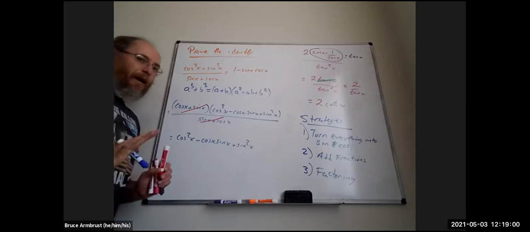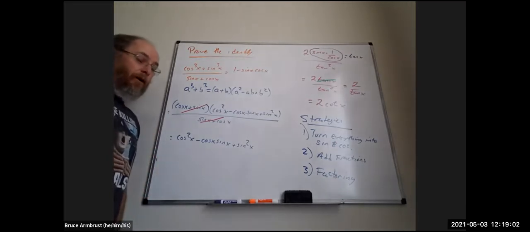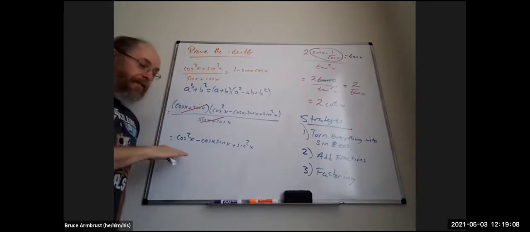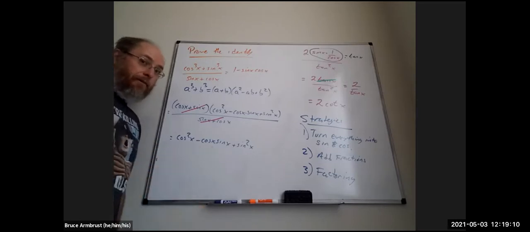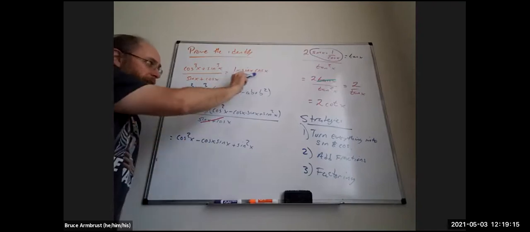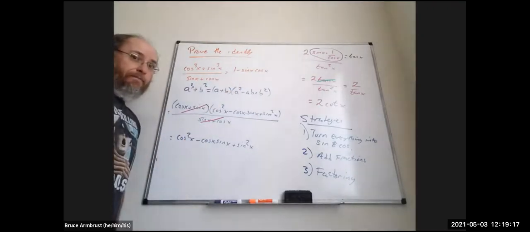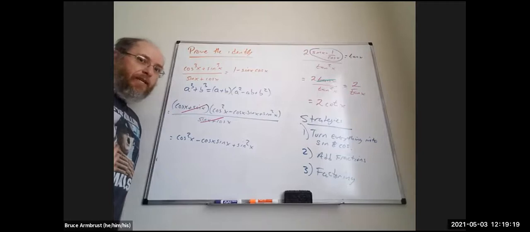So again, let's kind of pause. Let's take stock of where we are. So we started with this big ugly looking thing. And if nothing else, at least we don't have a fraction anymore, which is a good thing because our other side, there is no fraction. So we're definitely on the right track.